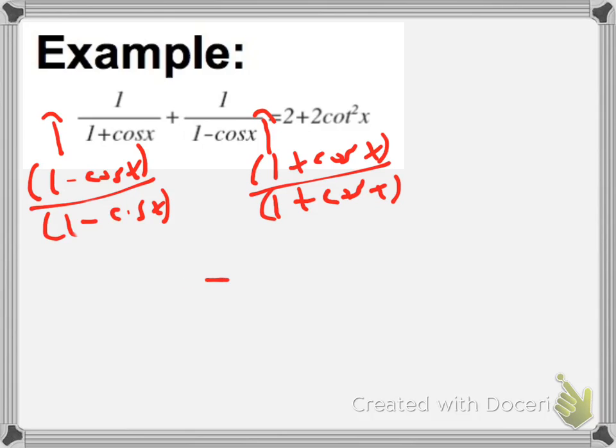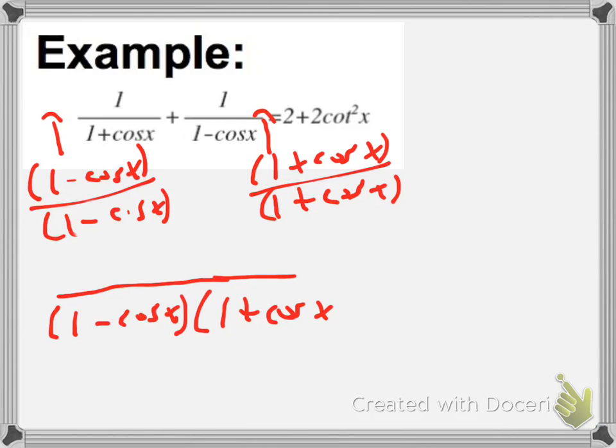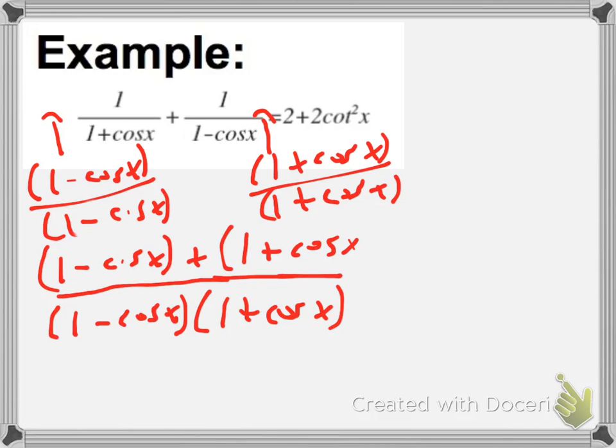And so on that left side I'm going to have this big fraction, and the new denominator is going to be 1 minus cosine of x times 1 plus cosine of x. And on the top I'm going to have 1 minus cosine of x plus 1 plus cosine of x. Okay. And so this is a bit messy, but it can be simplified quite a bit.